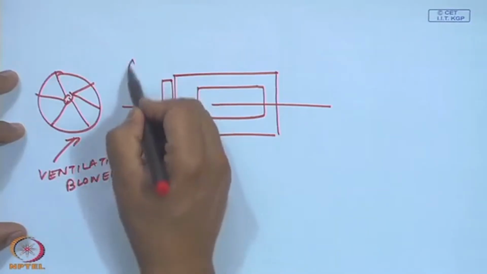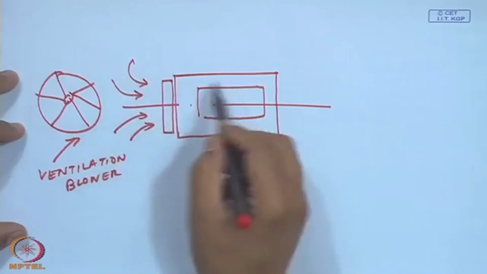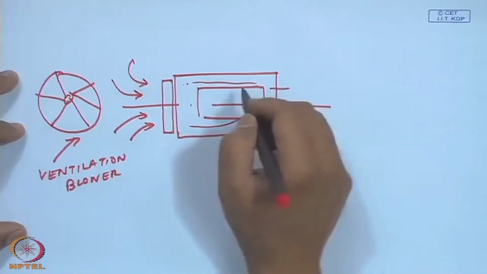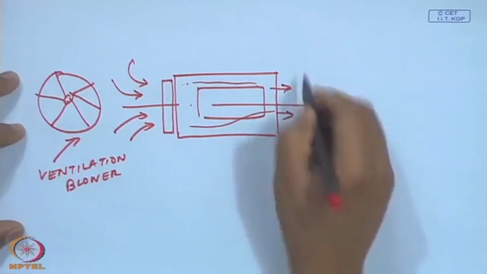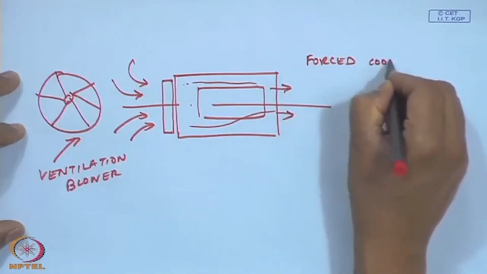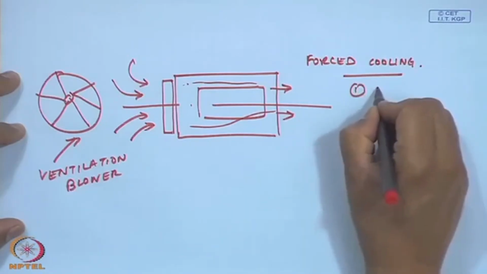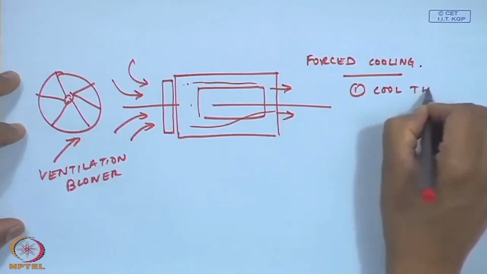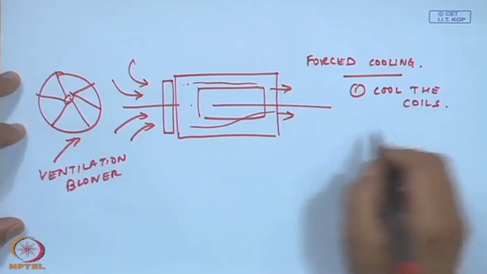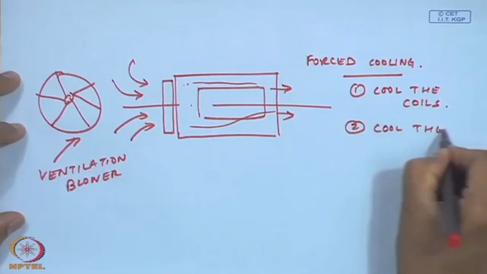So, basically it is going to suck in air, and then pass through this, and then here the motor air is going to come out. So, forced cooling is done to cool the coils. By coils, I mean the rotor coils and the stator coils, and to cool the bearings.